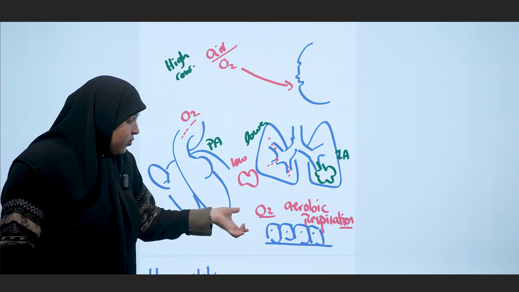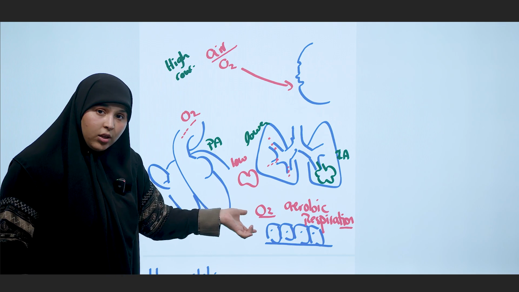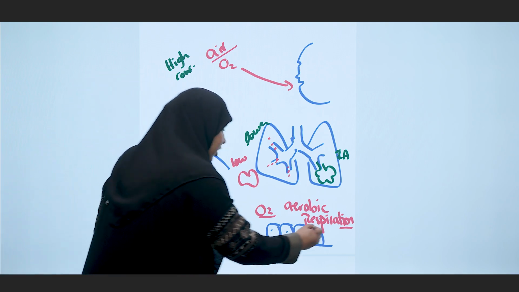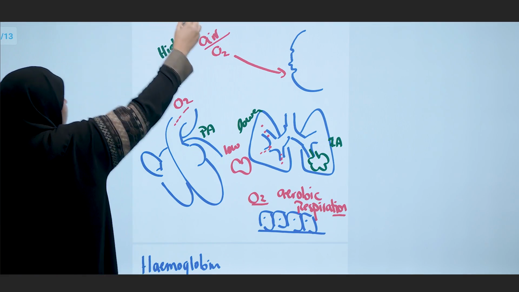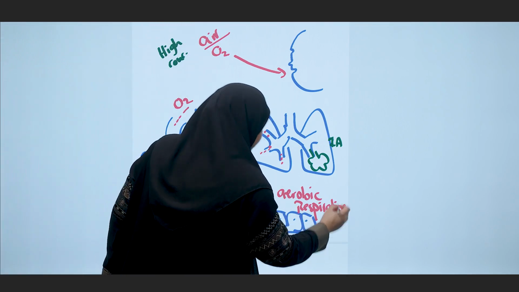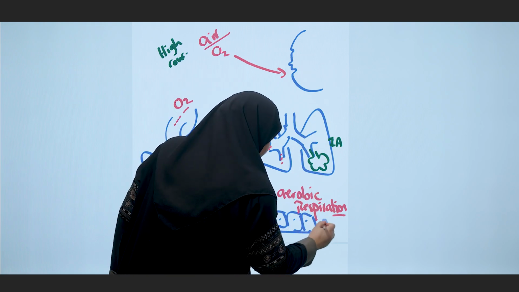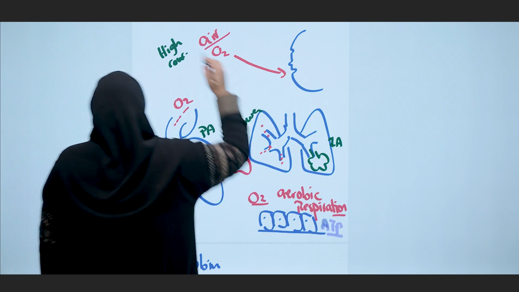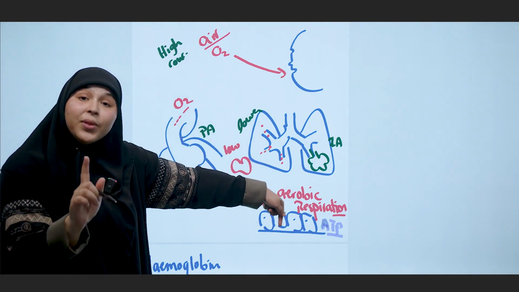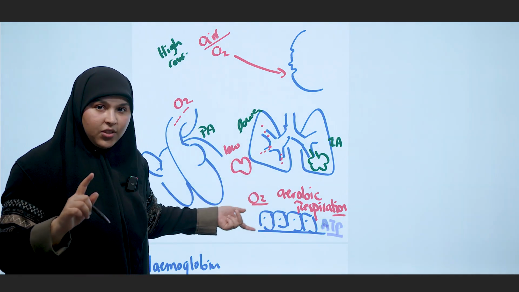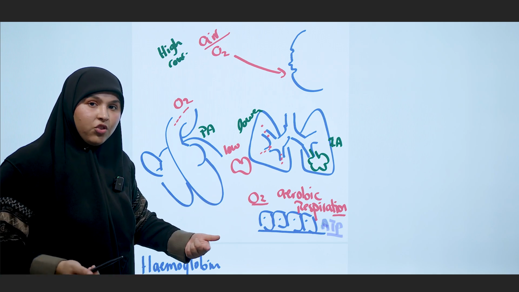Now, in order for the cell to have this aerobic respiration to get energy in the form of the universal form of energy, it's called the ATP, we need to bring oxygen to these cells. And not only this, these cells are active cells and they do have reactions, right?